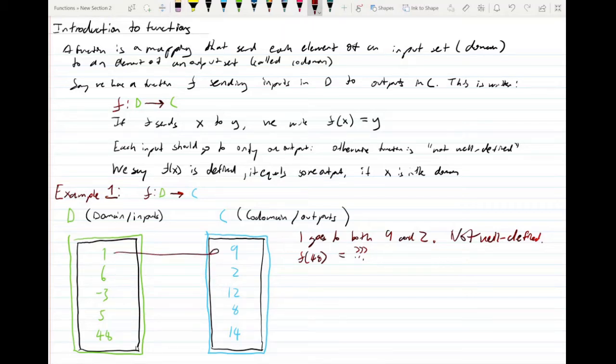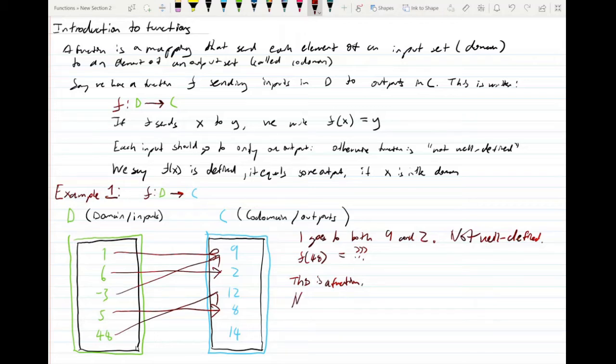This mapping, however, is a function, because every element in the domain goes to some output, and no element goes to two different outputs.